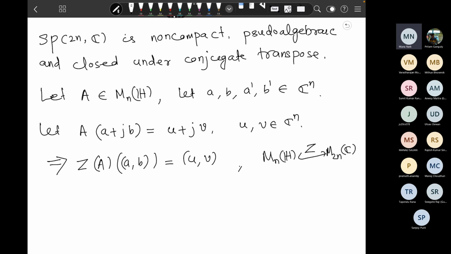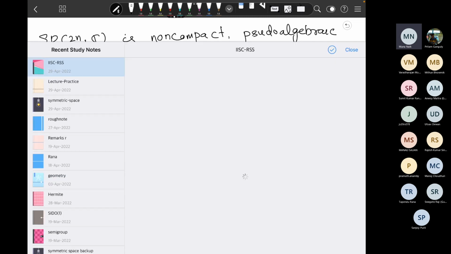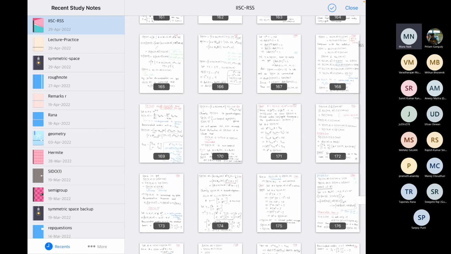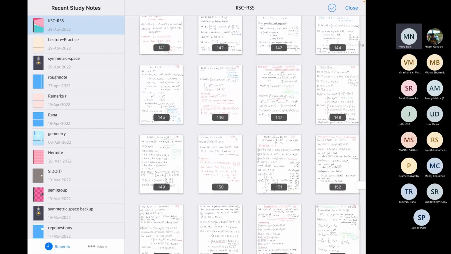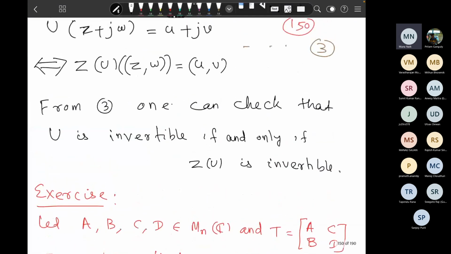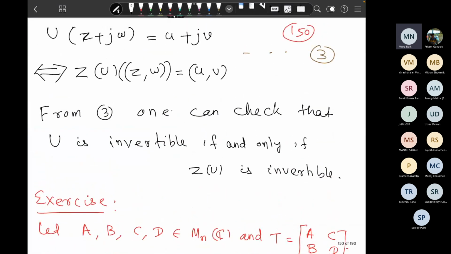Okay, so we have seen this in previous lectures, so let me show you that. Here actually, U of Z plus ZW is equal to U plus JB. This implies, if and only if, Z_U of Z_W is equal to (U, B). So we have seen that, and I am using that.